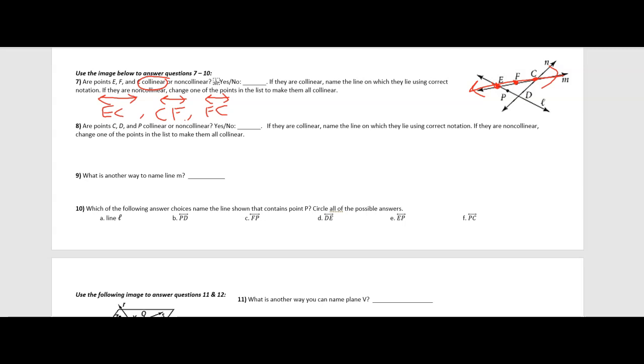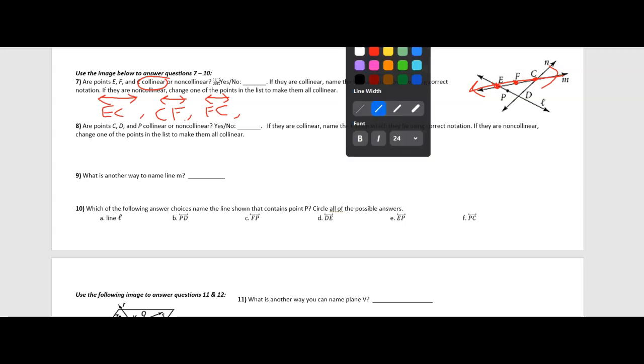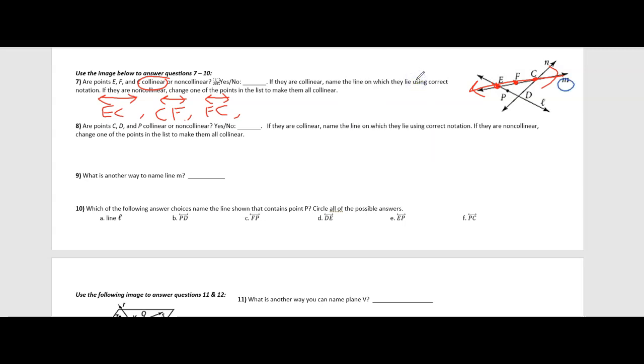Just don't use three letters, use two. We could actually do one more. It's also called line M, so we could say line M. Because M is not a point on the line, it is strictly just the name of the line.